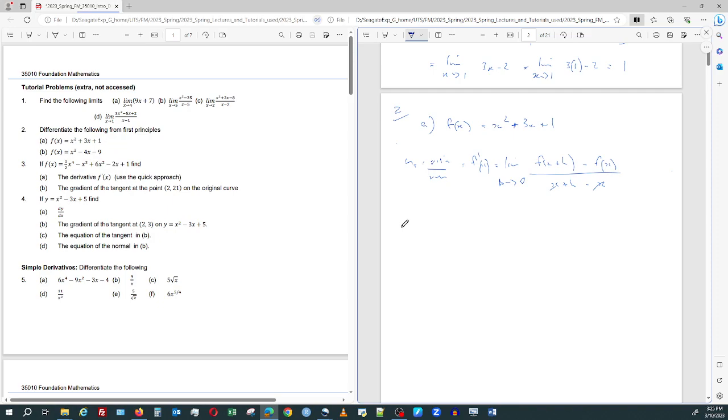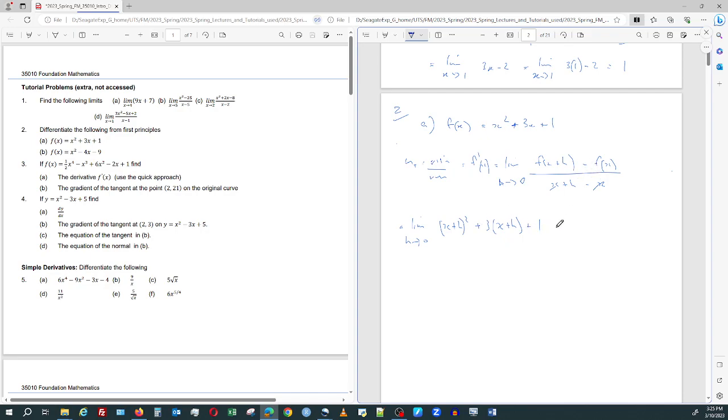So for this particular example, we will be the limit as h approaches 0 for everywhere there's an x and an h. x plus h all squared plus 3 everywhere there's an x and an h, so you've got to obey the algebra, and plus 1.